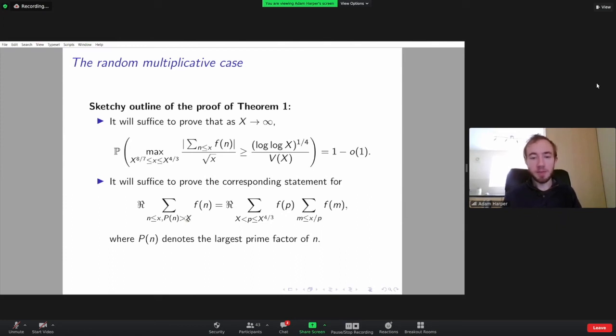And then by multiplicativity, we can split up the sum in terms of this big prime factor, so the prime factor they have, which is bigger than capital X, f of p, and then the rest of the number, so f of m for the part that's less than x. So it will suffice to show the corresponding statement, but for this. So it will suffice to show the existence of large fluctuations of these sums.